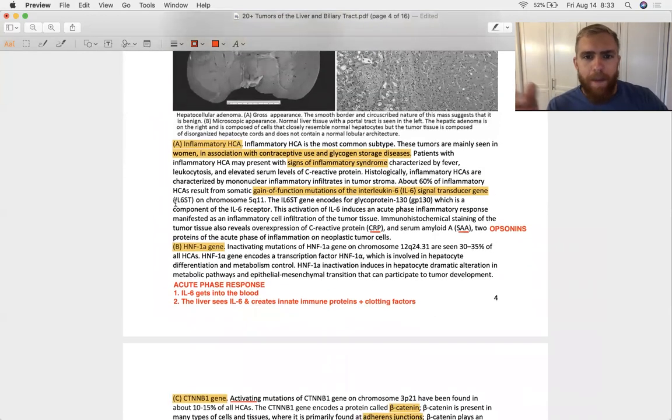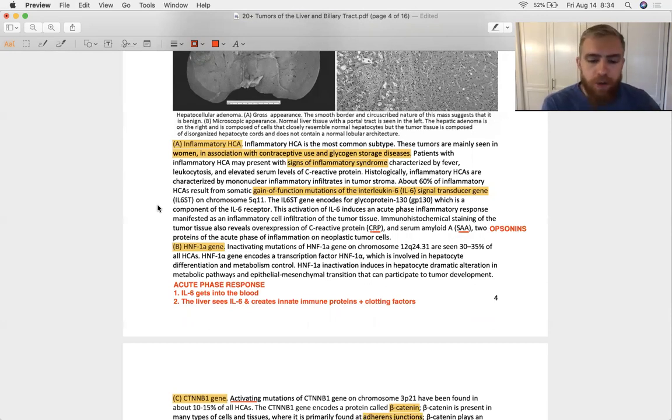There's this subtype of hepatocellular adenoma called inflammatory hepatocellular adenoma, which is associated with a systemic inflammatory response. To understand that, you've got to know what the inflammatory response is. Every time you get sick, there's a cytokine response associated with that.